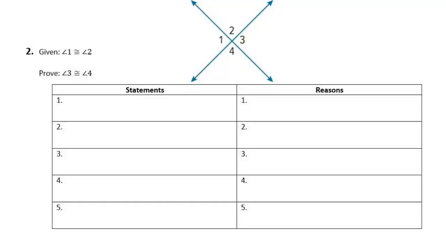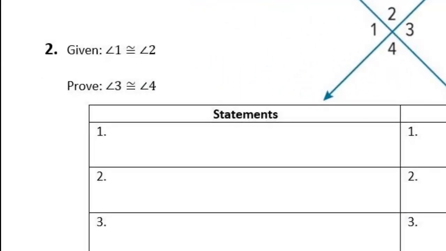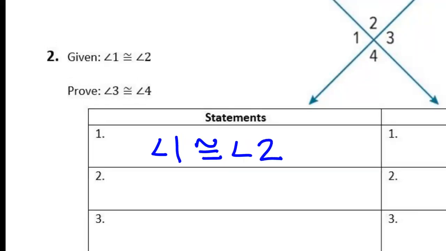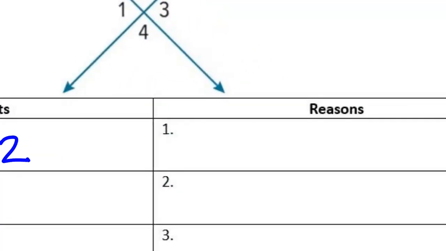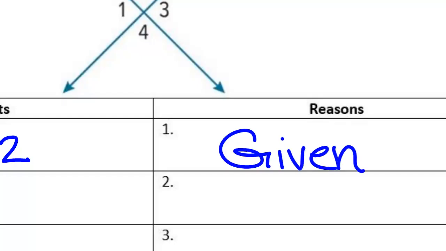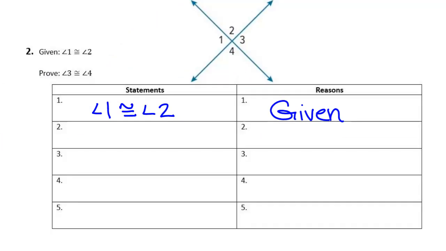What are the pieces that I can plug in really fast? Yep. We're going to say angle 1 is congruent to angle 2. So statement number 1 is angle 1 is congruent to angle 2. Why can I say that? Because it's given. There's one other statement that I can easily make. What is the other statement that I can easily make without thinking?